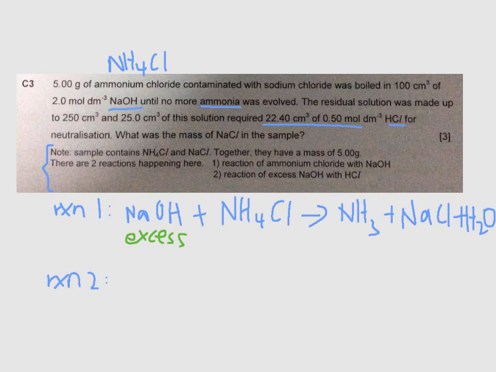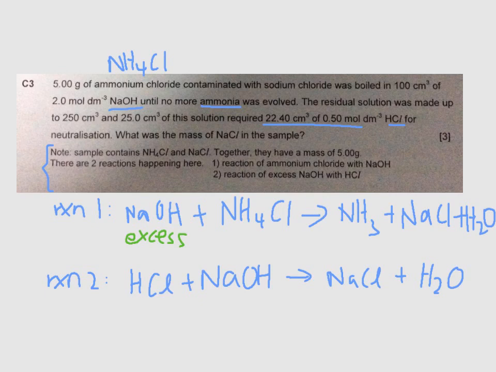Even if you don't know that NH4Cl is acting as an acid, you know that HCl is an acid, and therefore it must be reacting with a base, and you sure know that NaOH is a base. Therefore, reaction 2 must be a reaction between HCl and NaOH, to give you NaCl and water.